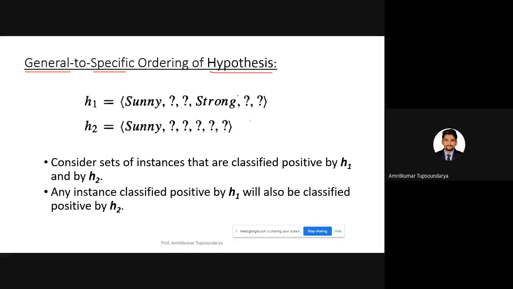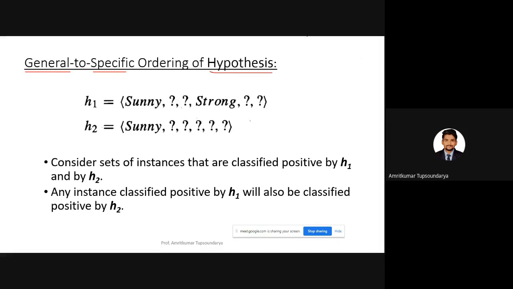For our previous example, the enjoy sport example, we had a very finite and smaller hypothesis space. But this structure can be used to design more advanced algorithms for infinite hypothesis spaces without explicitly enumerating every possible hypothesis.